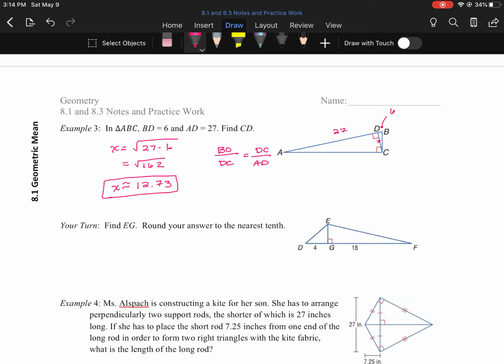So pause the video, take a moment, try the your turn, and then come back. All right, so you should get that the geometric mean, or in this case X, is approximately 8.5.